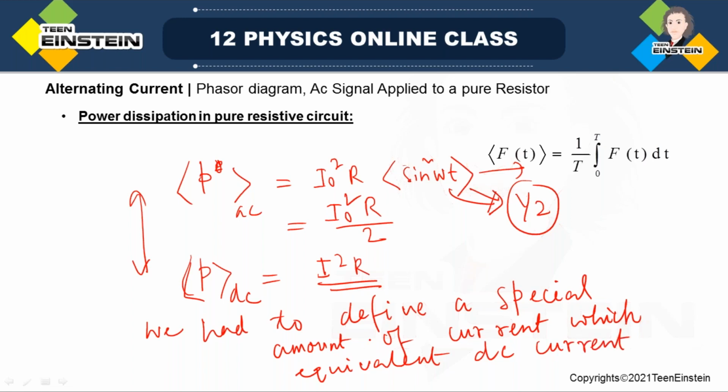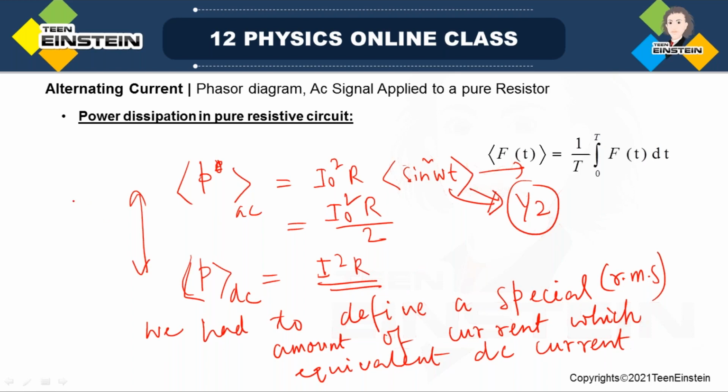So we'll define a special amount of current which is called RMS value. Special is that RMS value of the current which is equivalent to the DC current, which can produce the same power dissipation as DC.